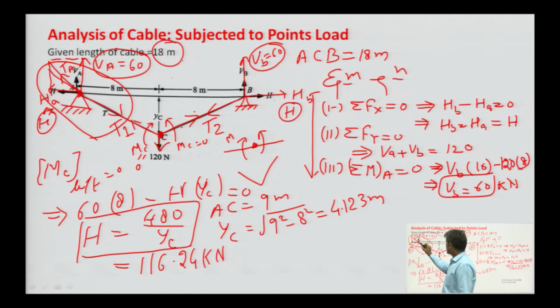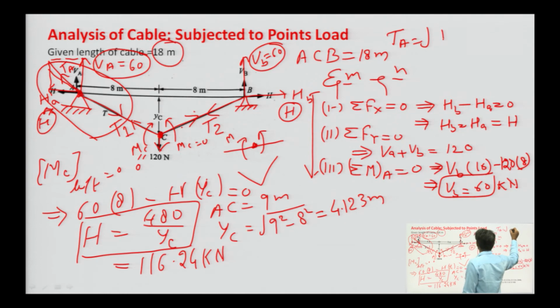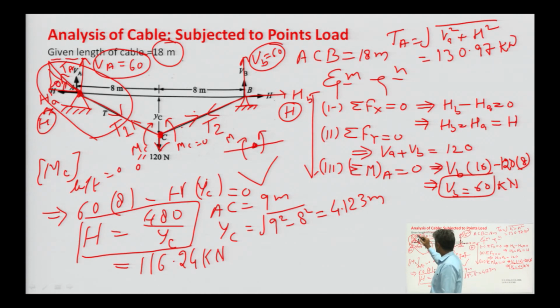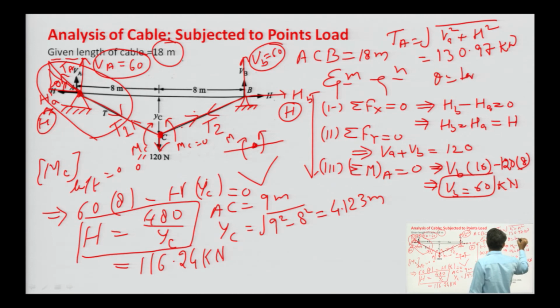By taking the FBD at this joint, the value of TA can be calculated easily: square root of VA squared plus H squared, and by putting the values, this is 130.97 kilonewton. You can also calculate the value of theta. Theta will be tan inverse of VA divided by H.